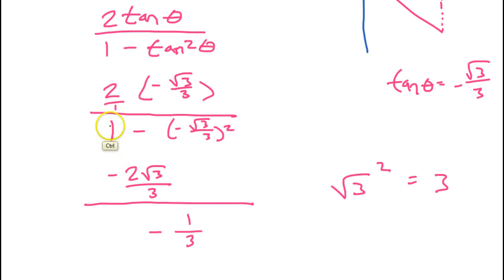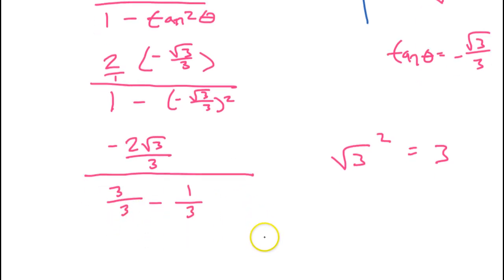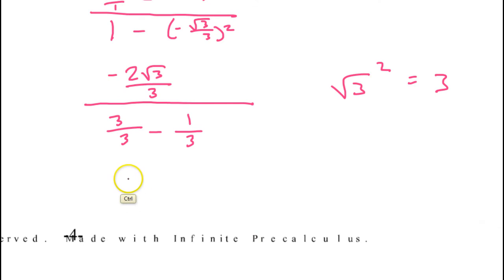I can write this as 2/2, 3/3, 4/4, whatever I want. In this case, I'm going to choose 3/3, so I have like denominators. Now I'm going to have -2 radical 3/3 over 3 minus 1, so that's 2/3.